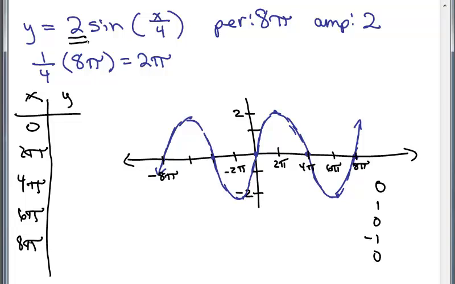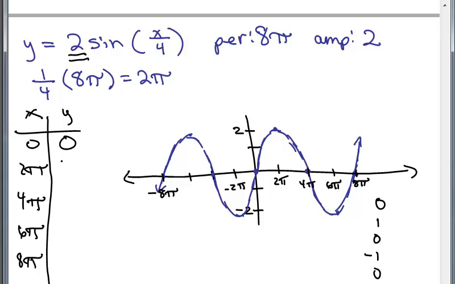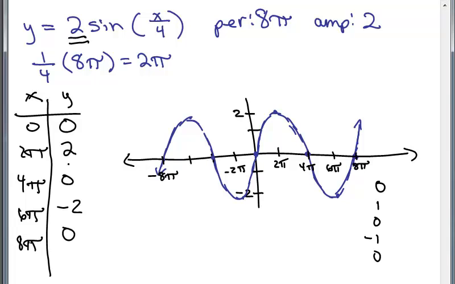So we're going to multiply all the y values by 2. 0 times 2 is 0. 1 times 2 is 2. 0 times 2 is 0. -1 times 2 is -2, and 0. So if you would have drawn a little chart here, that's what it would look like. And then you still are going to get these same ordered pairs. And so that's how we graph y equals 2 sine of x over 4.